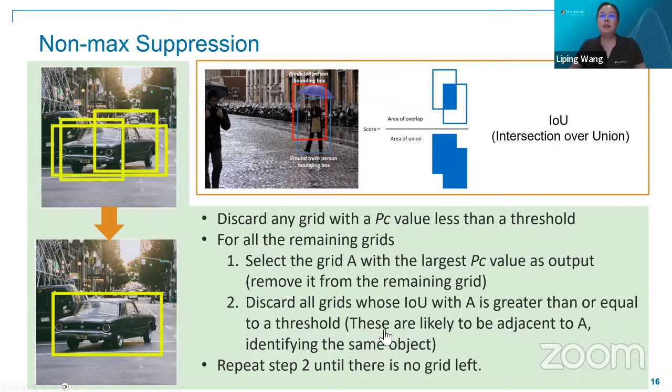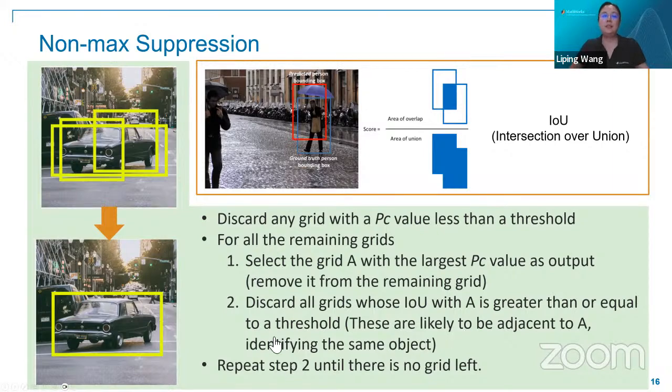And the reason why we do this is that if the IOU between two bounding boxes is very high, it means these two bounding boxes are very adjacent to each other, and they may identify the same object. That's why we discard the ones with a high IOU with the highest one.